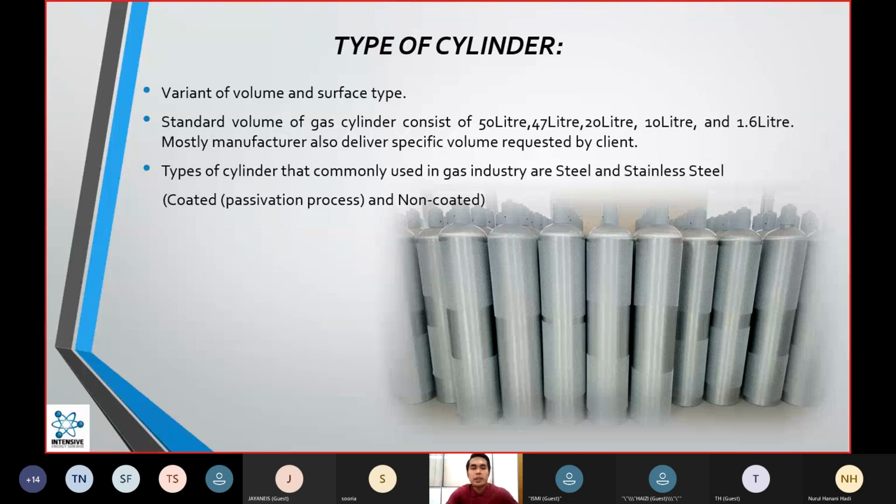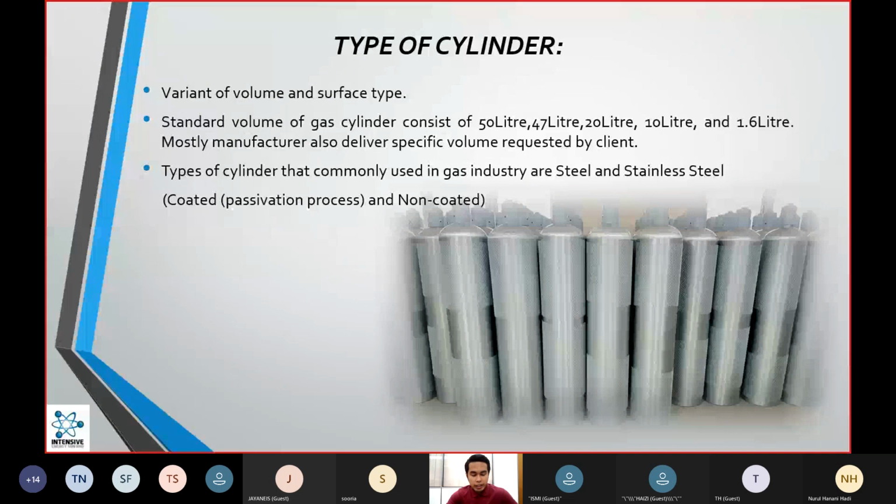Types of cylinder that are commonly used in the gas industry are steel and stainless steel. For the stainless steel, there are two types, which are coated and non-coated stainless steel cylinders.